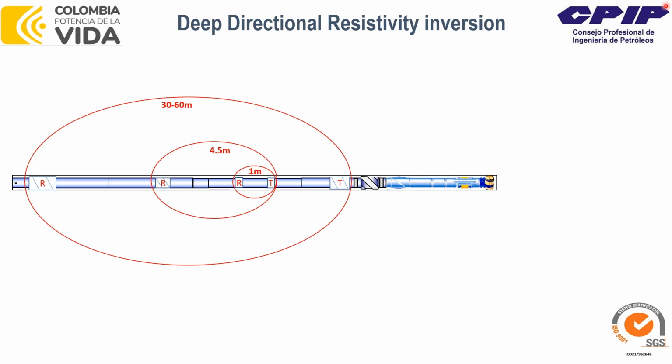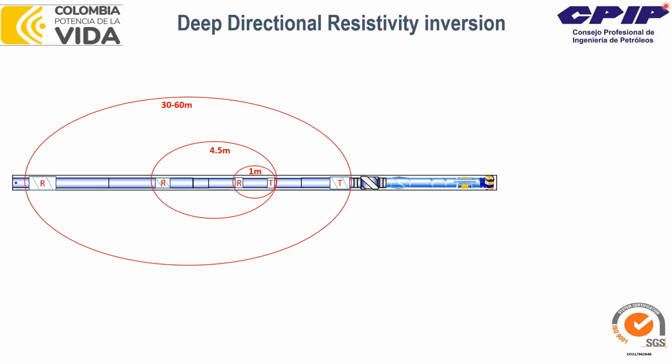Okay, so remember, we have two generations. Number one is deep directional resistivity, up to 4 or 5 meters radius of investigation, and ultra deep directional resistivity, which is up to 30, 40 or more, depending on the resistivity environment of the formation. So let's conclude again.